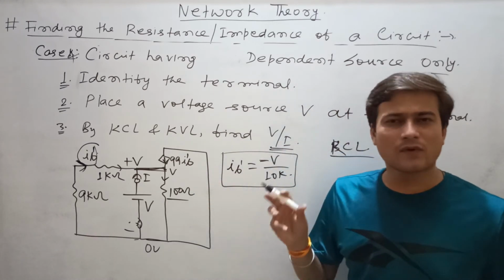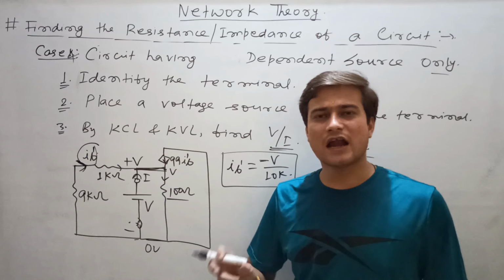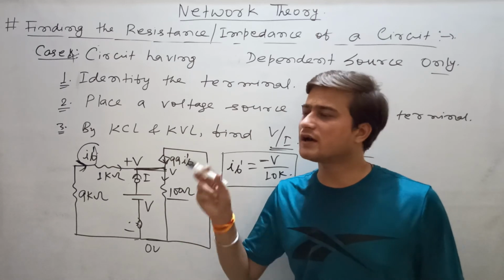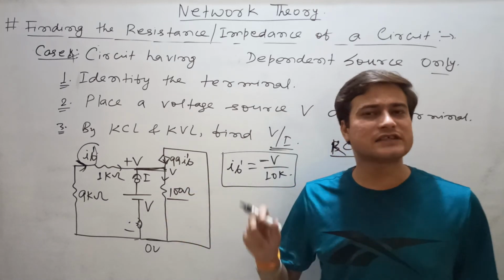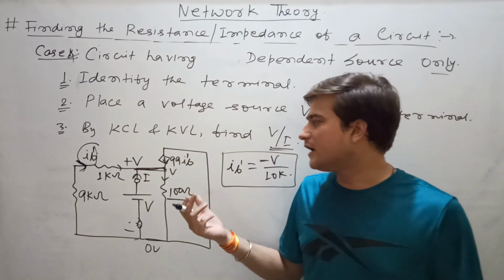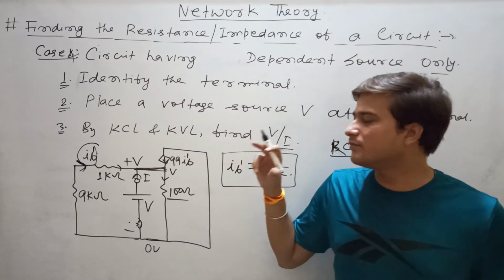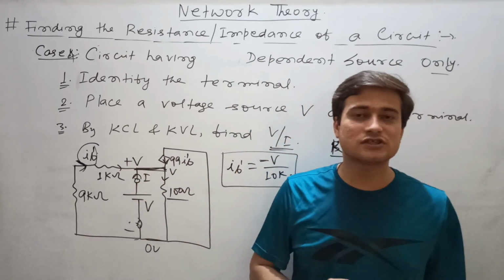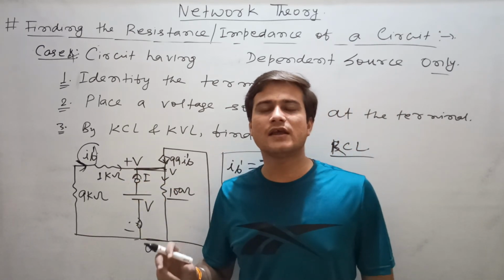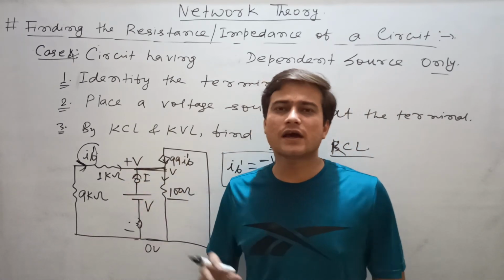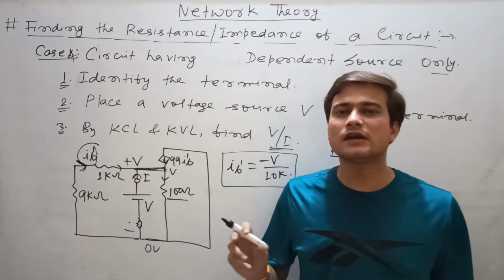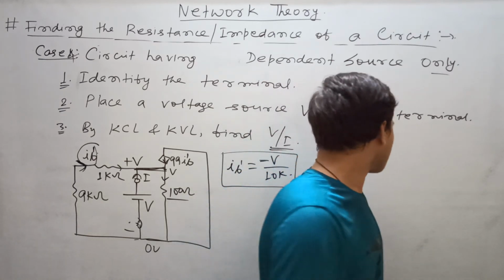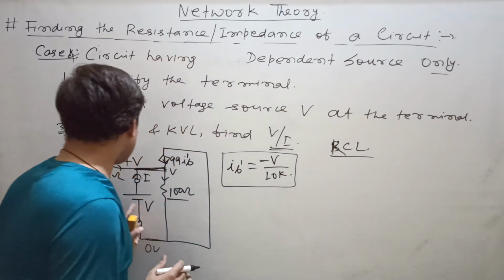You can take either convention: outgoing currents as positive and incoming currents as negative. But generally, when the majority of currents are incoming, I take incoming currents as positive, and when the majority are outgoing currents, then we'll take outgoing currents as positive. Clear? So don't get confused with the sign conventions.